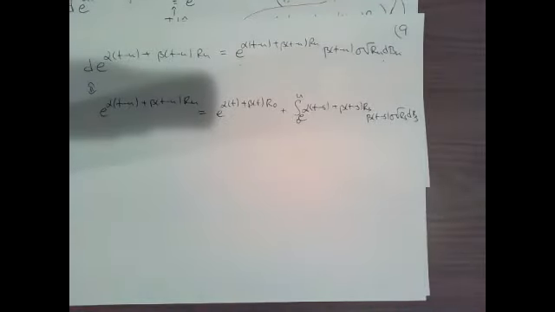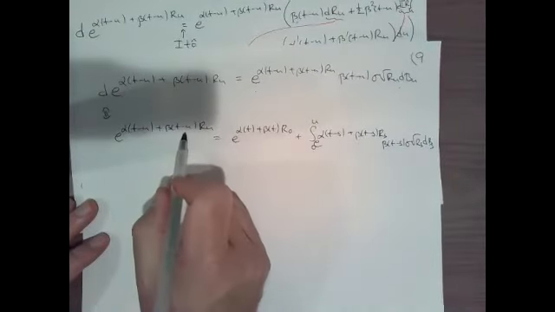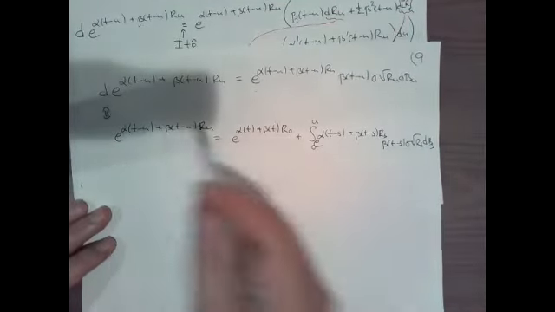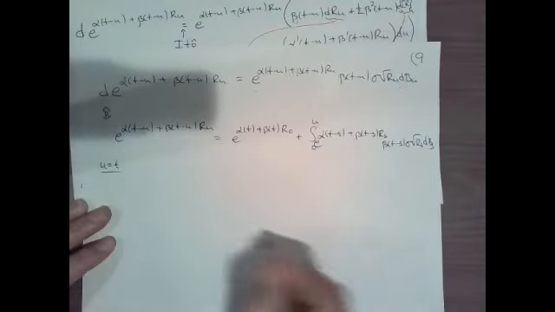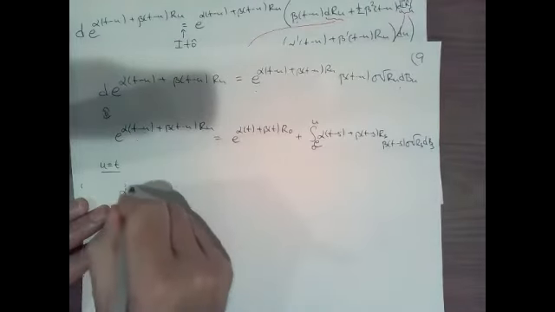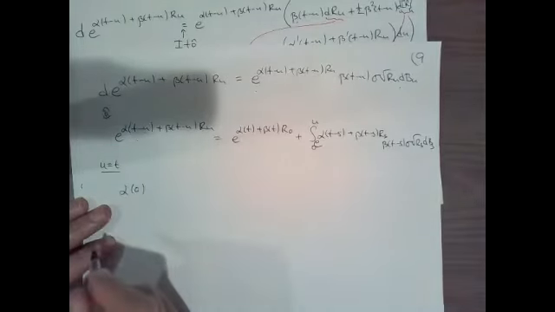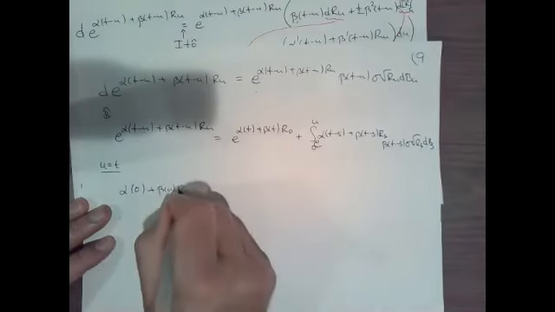And so what we needed was this thing here on the right hand side. If I apply everything here for u equal to t, then what's on the left hand side? This becomes alpha of 0 plus beta of 0 times RT.